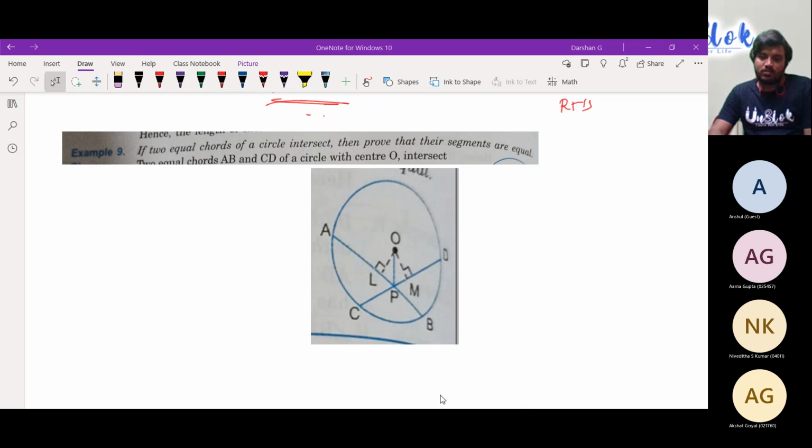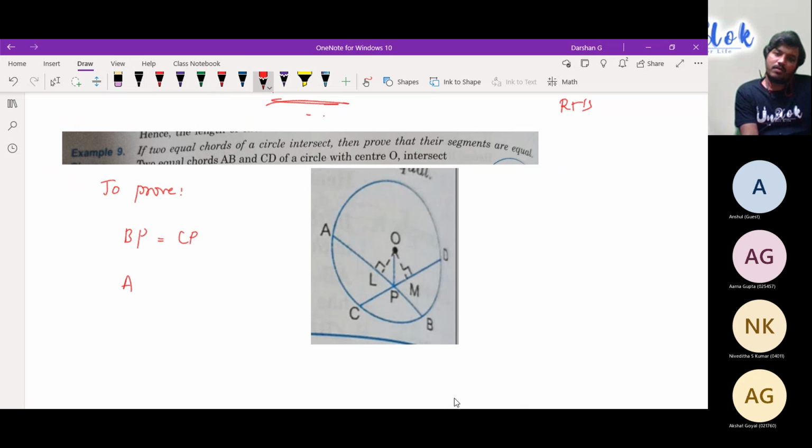You have to prove BP is equal to CP, and AP is equal to DP. And it's equal chords.